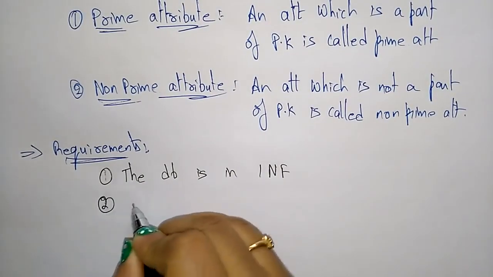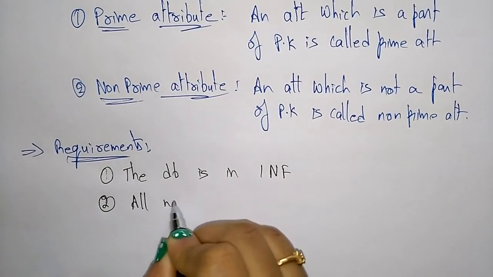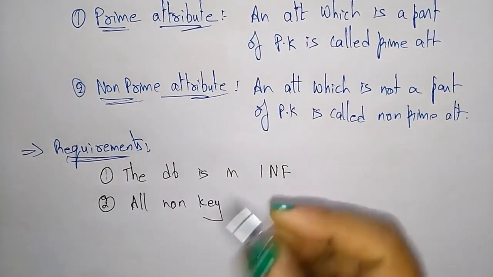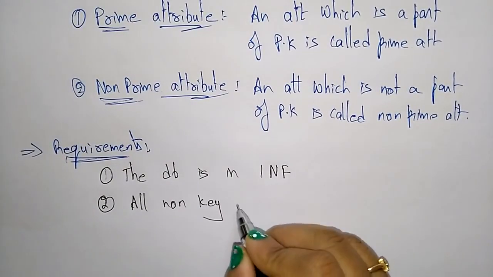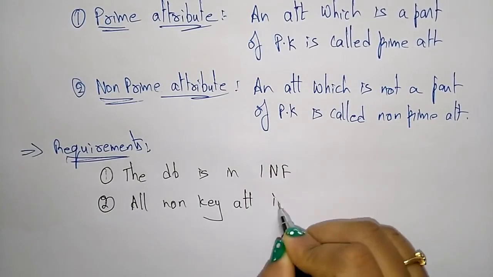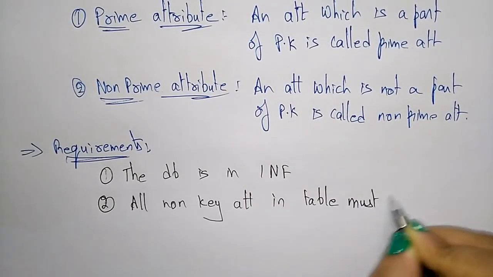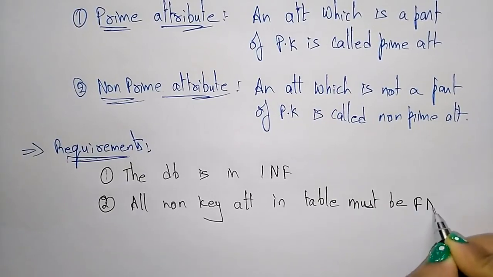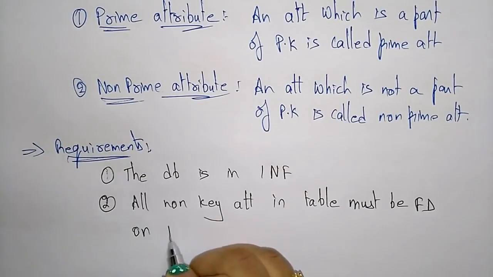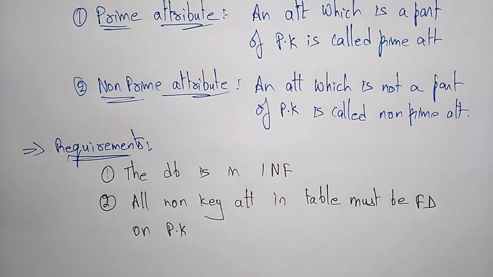The second requirement is that all non-key attributes, that is non-prime attributes, in the table must be functionally dependent on the primary key. In 1NF there is no condition that every attribute should be functionally dependent on the key attribute.